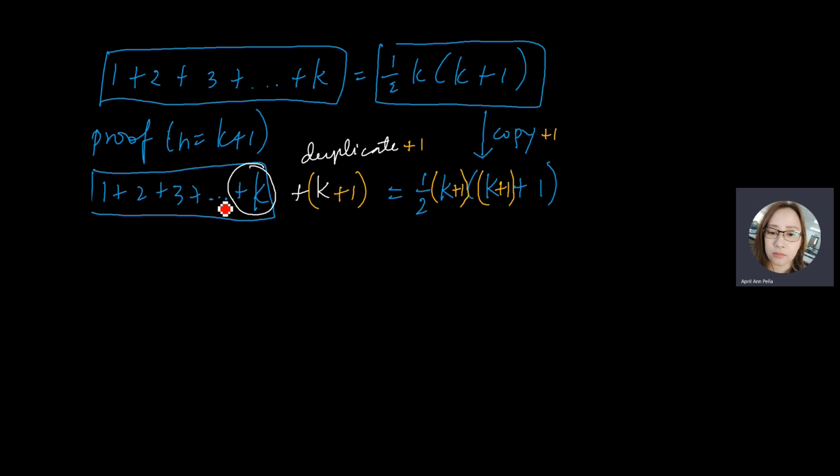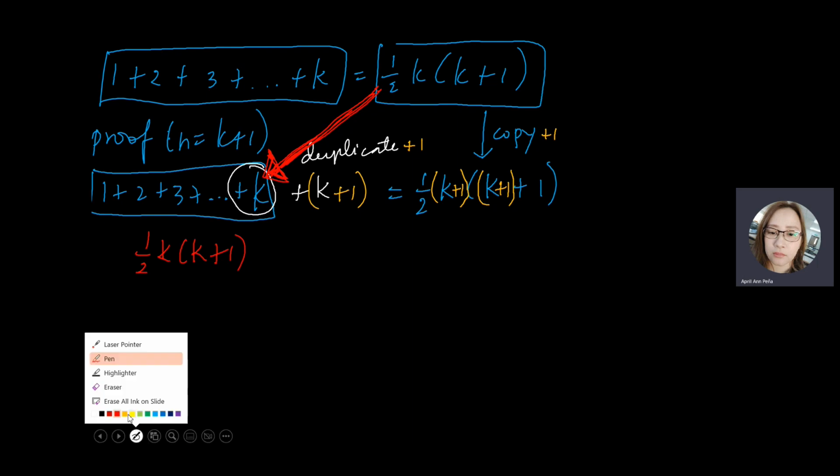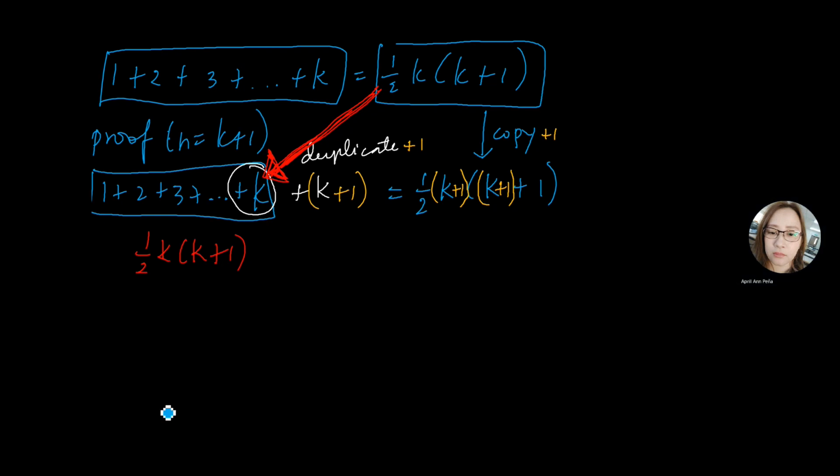To make this simpler, in a way that it will become shorter, you are going to replace it with the right side of the induction hypothesis, which is 1/2 k times k plus 1, like that. And then you're just going to copy the rest, this portion. So you do have the plus k plus 1, like that.